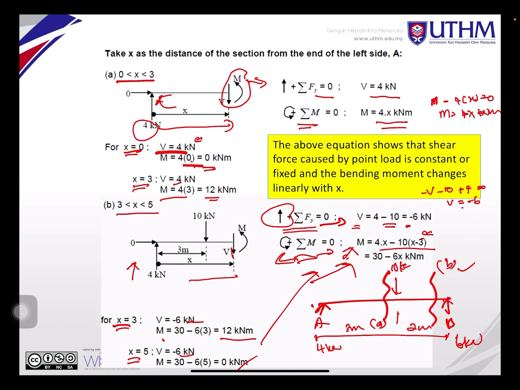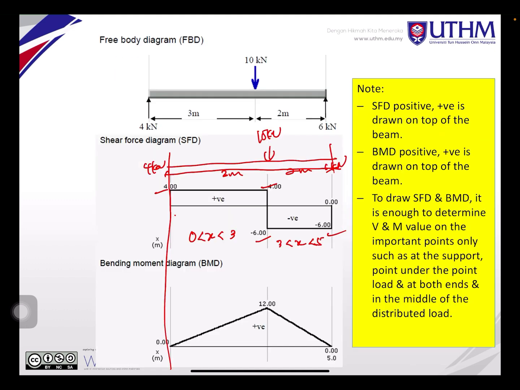So from the previous slide you can see for the moment, 0 to 12, 12 to 0. So 0 at 0 meter, at 3 meter is 12, and then at the support B, at 5 meter here is 0.